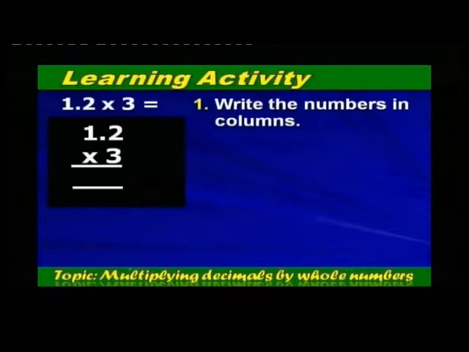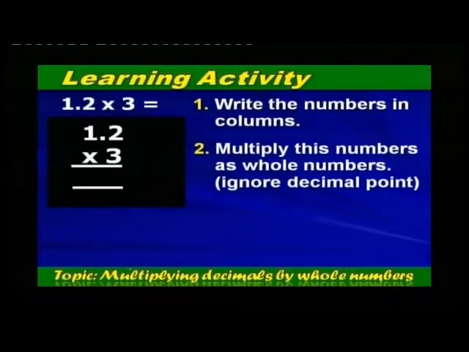Having numbers arranged in columns is the easiest way that you can multiply decimal numbers quickly. So write the numbers in columns. The next step, you multiply the numbers as whole numbers. You can see there is a phrase in the bracket. What does that phrase say?